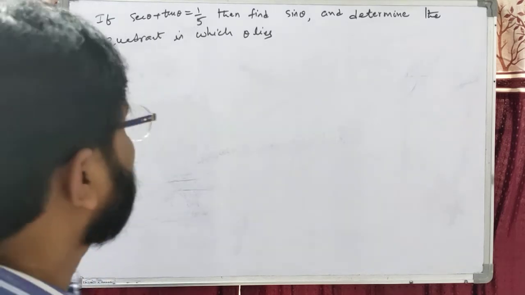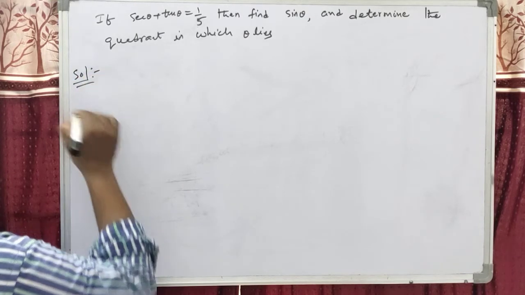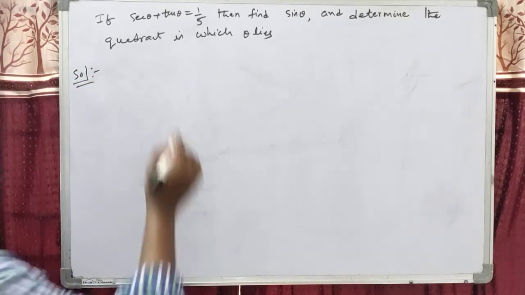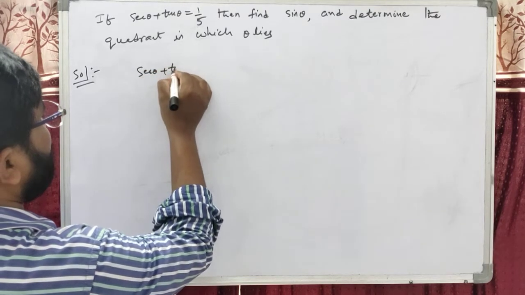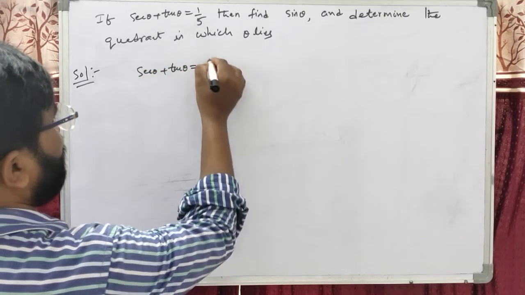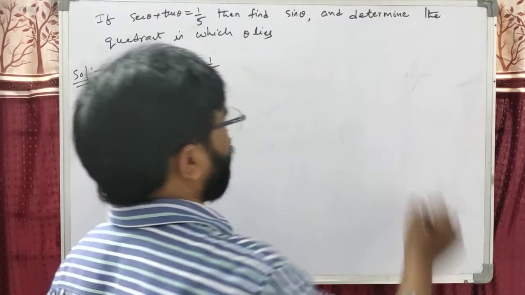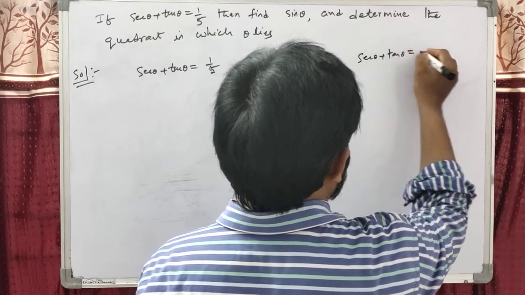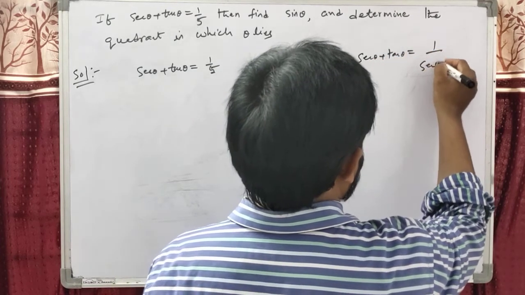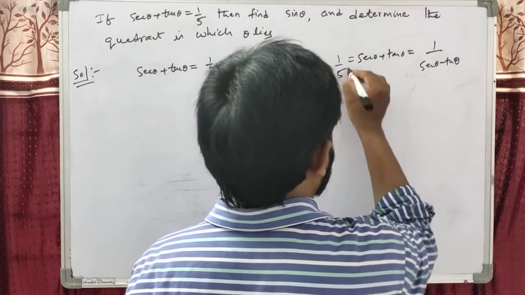Okay students, just now I explained that secant theta plus tan theta equals 1 by secant theta minus tan theta, and this is given as 1 by 5.